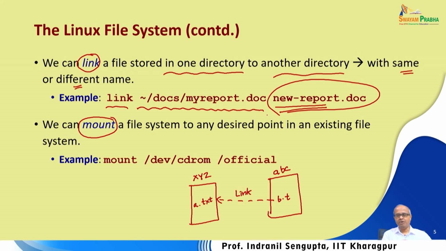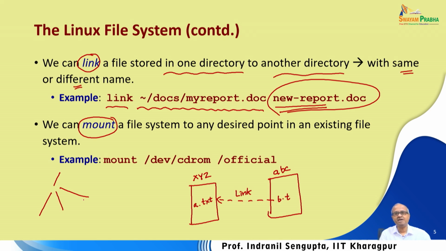There is another command called mount, this I shall be explaining a little later. When you are using a file system, you know there are folders and subfolders. Just now I said there is a root, under root there are so many other directories. Suppose I insert a CD-ROM into the system. Inside the CD-ROM there is a separate file system, that file system I am inserting.